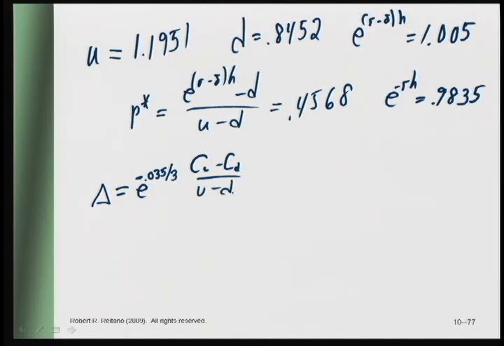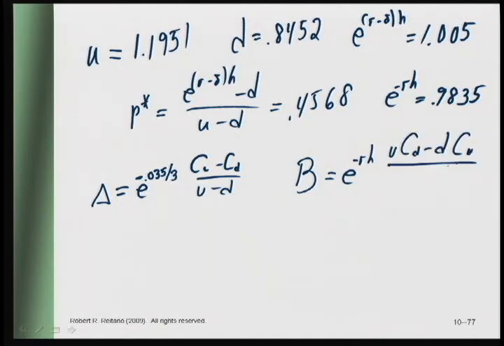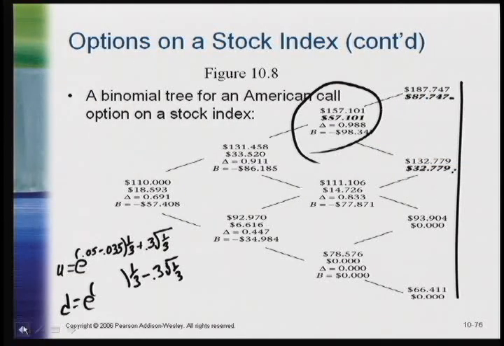So in any state we would calculate the delta that way, and in any state we would calculate the associated B as e to the minus rh, which is that discount factor, times (u Cd minus d Cu) over u minus d. And we could do that. So in any one of these states, we could calculate the delta and the B from these two exercise values, and so forth.